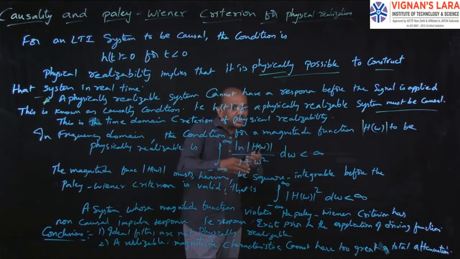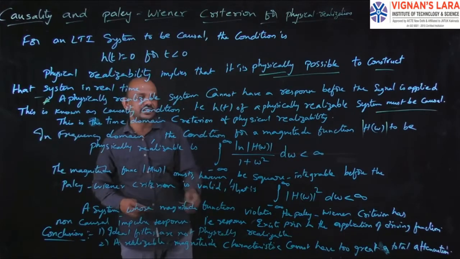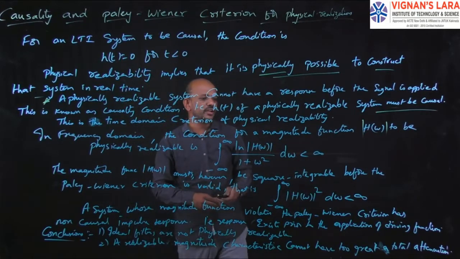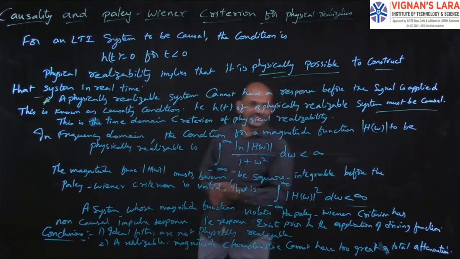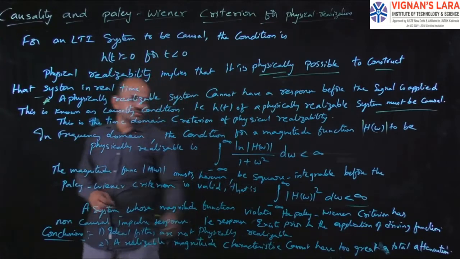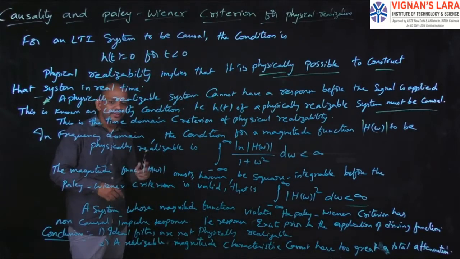So before applying the Paley-Wiener criterion, we have to check that it is square integrable, that is, the integral from minus infinity to infinity of |H(omega)| square d omega should be less than infinity. We have to go for that one.